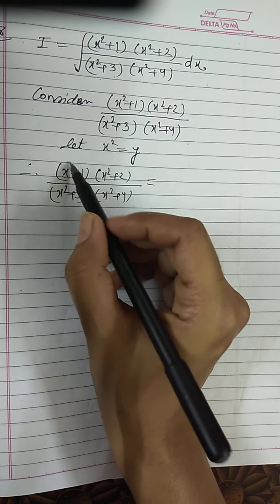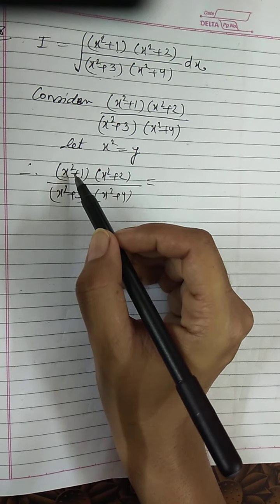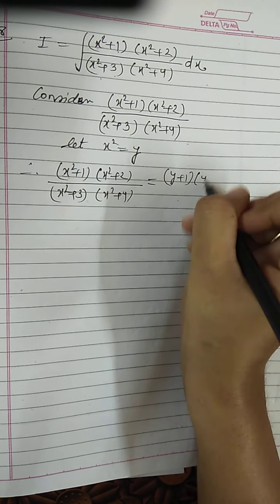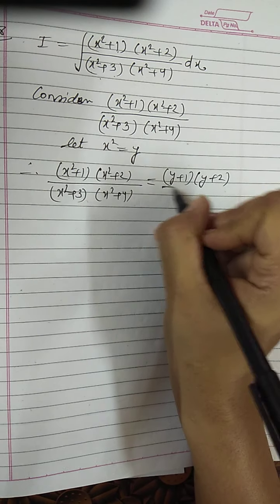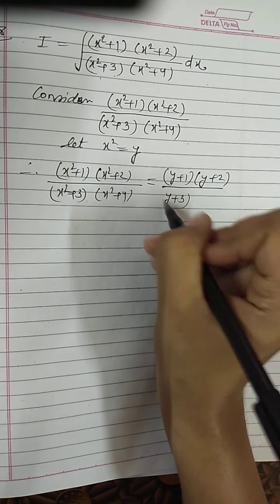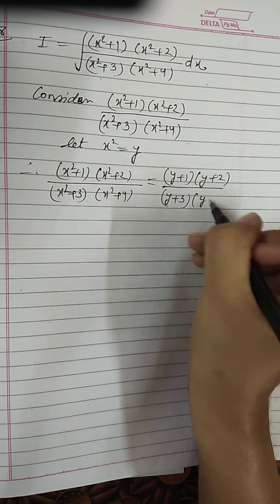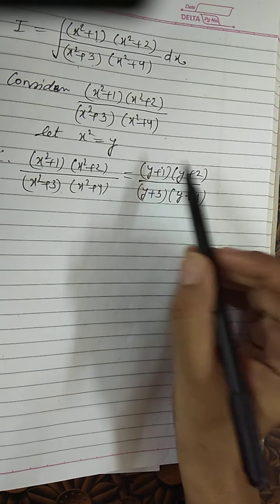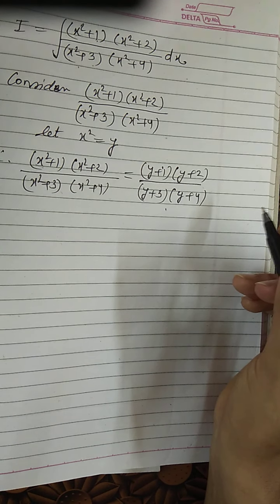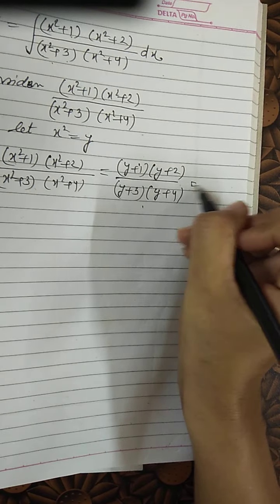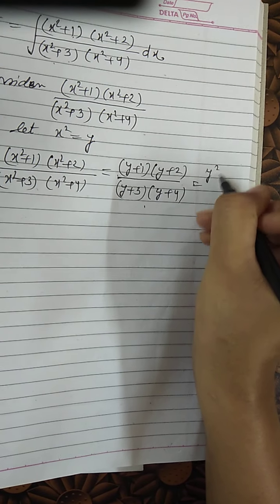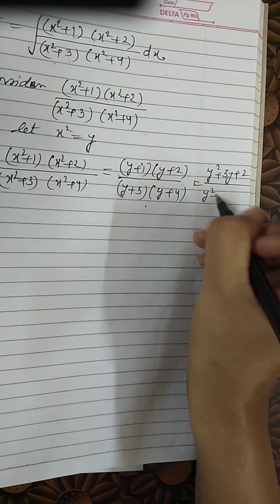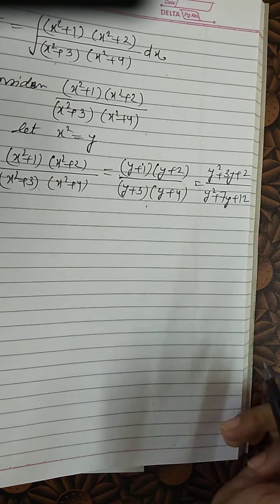We are just changing the square term into the linear variable, and once our calculations are done, we will substitute back the value of y, which is x square. Now it is quadratic in the numerator, quadratic in the denominator, and when I simplify, what we are getting here is y square plus 3y plus 2 divided by y square plus 7y plus 12.